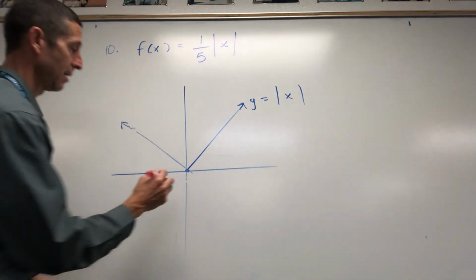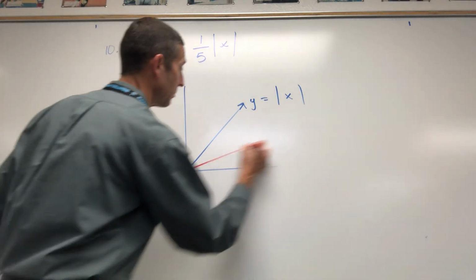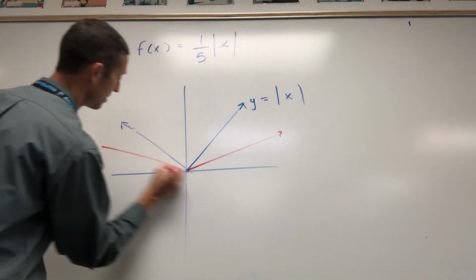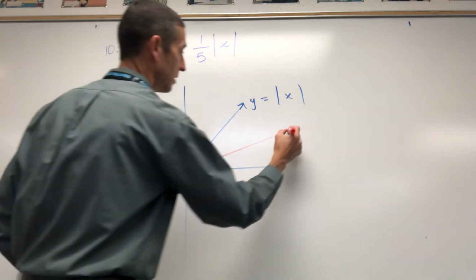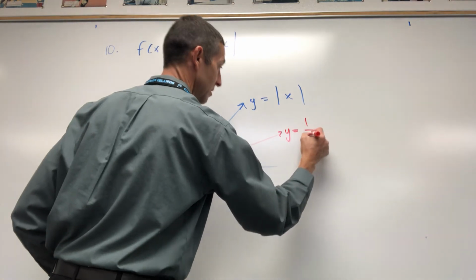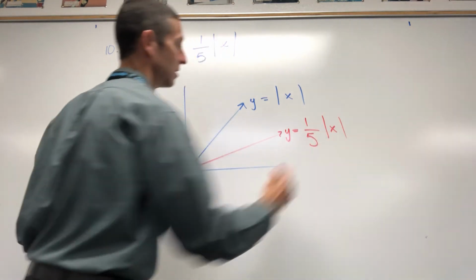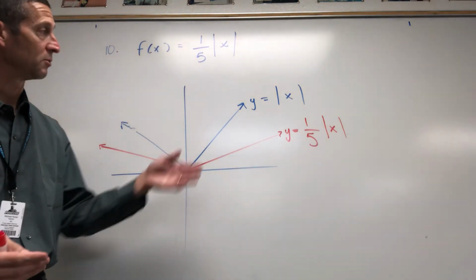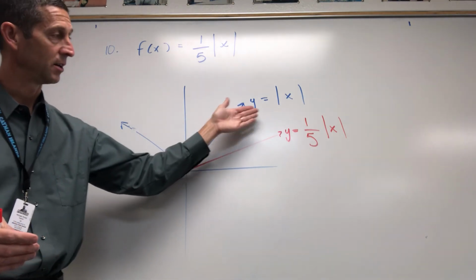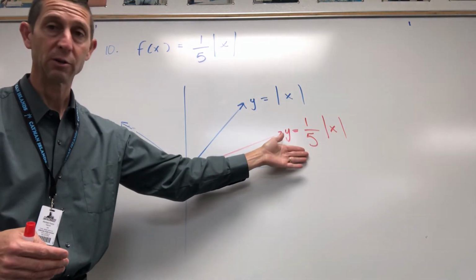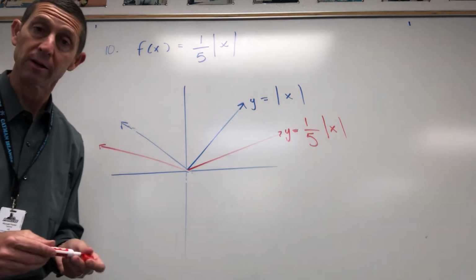So this graph broadens it out this way, that way. So we have our two graphs. We've got the parent function, and then we've got the factor of 1/5 that changes the way it looks.